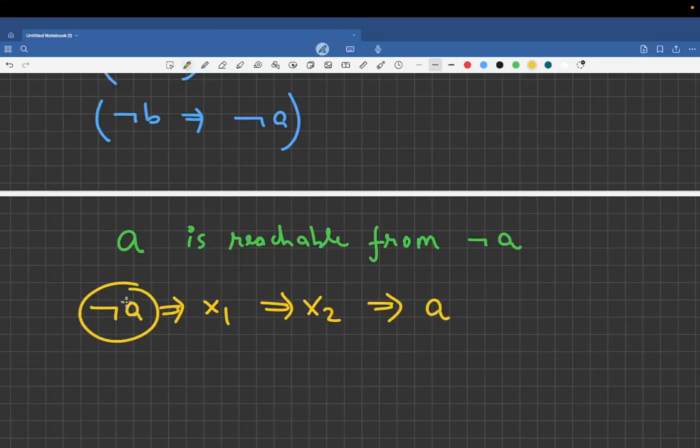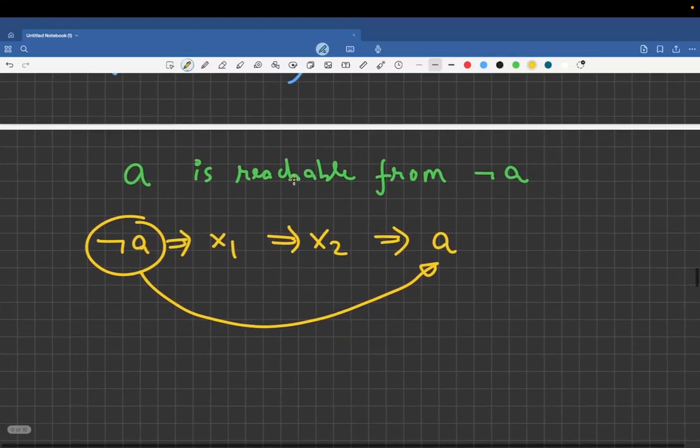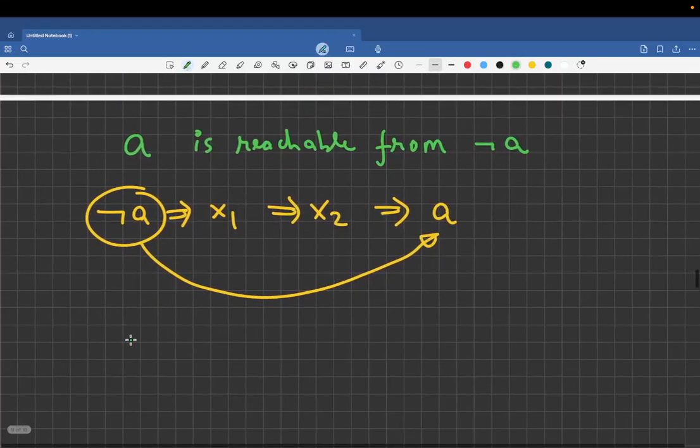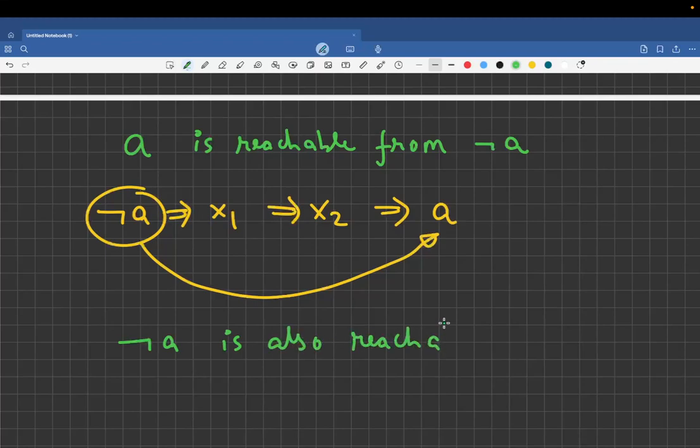So if A is reachable from not A and not A is also reachable from A, can the solution be possible?